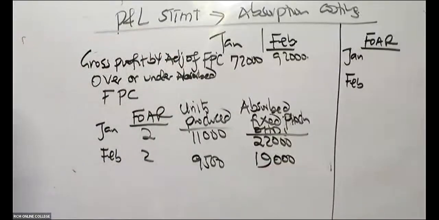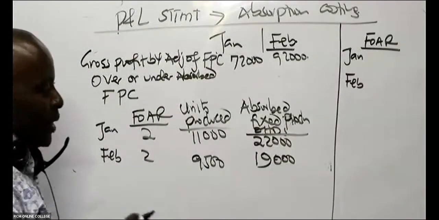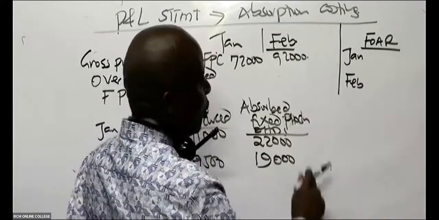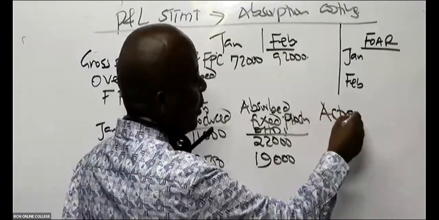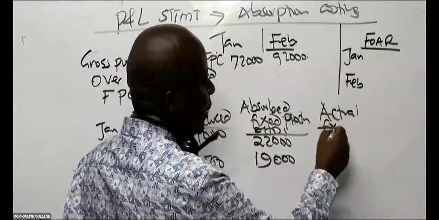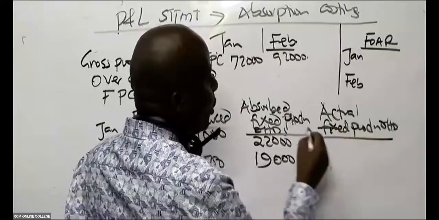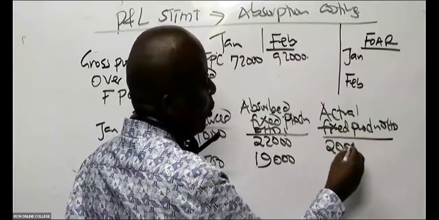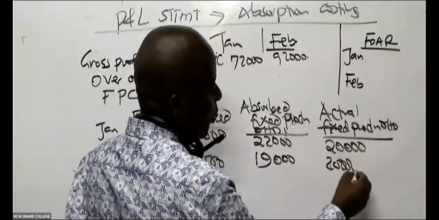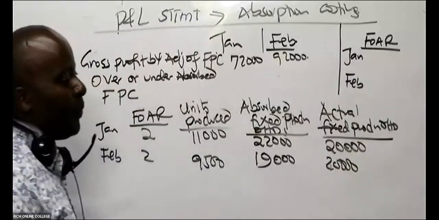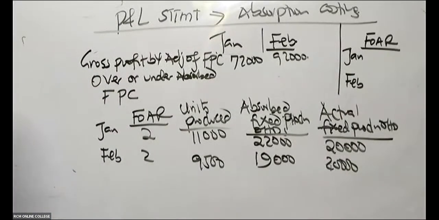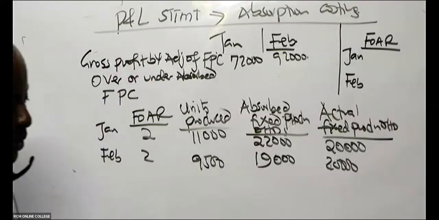Okay, you guys are following very well. Thank you very much. Then give me the actual fixed production overheads. The actual fixed production overhead, you told me, is 20,000 per month.